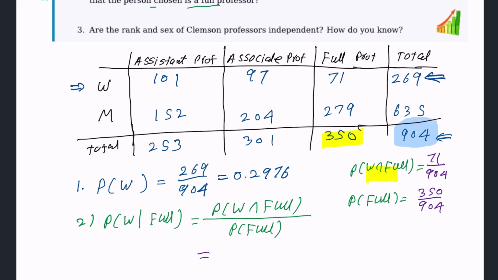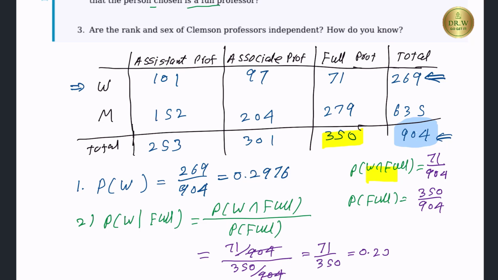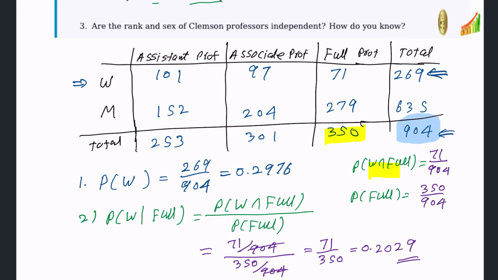Probability of W and full is 71 divided by 904, then divided by probability of full professor, that is 350 divided by 904. Then you know this cancels out. Therefore 71 divided by 350. So this is 0.2029.